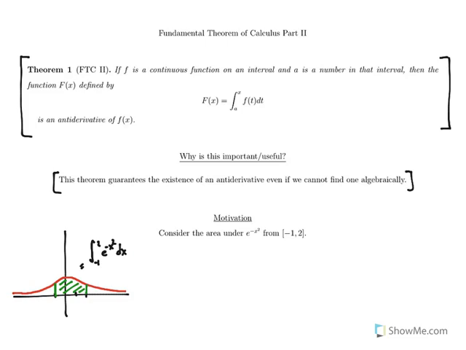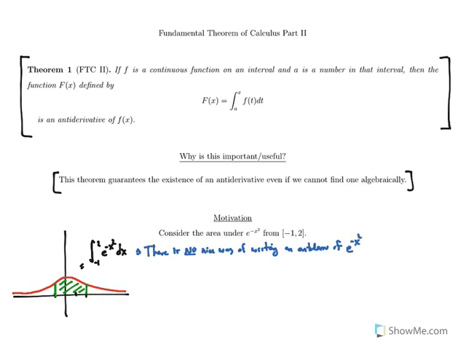The problem here is that there is no nice way of writing the integral of e to the negative x squared, of writing an antiderivative of e to the negative x squared.